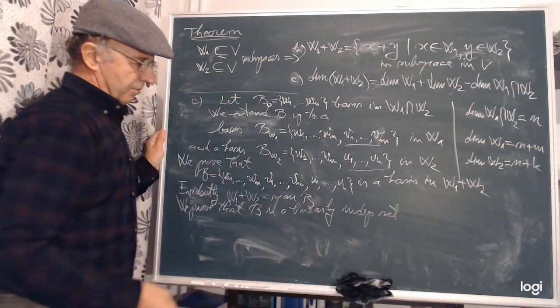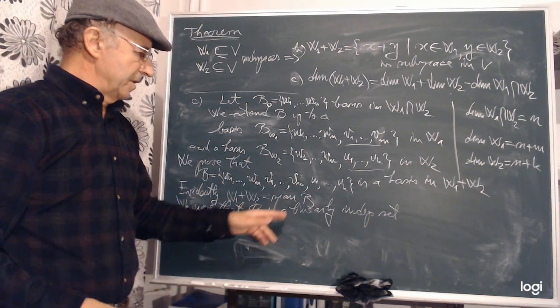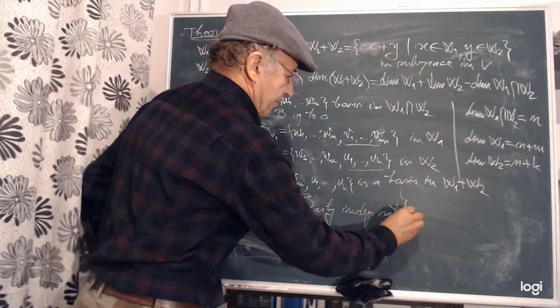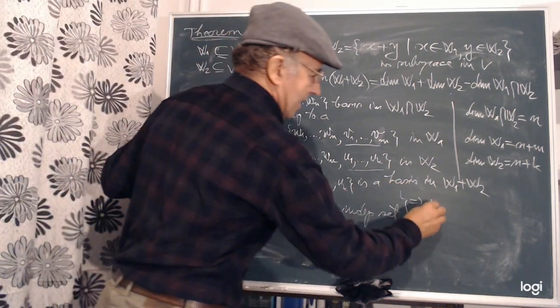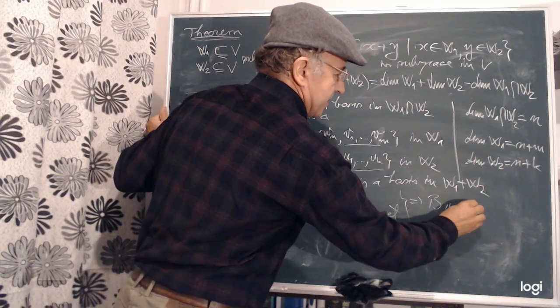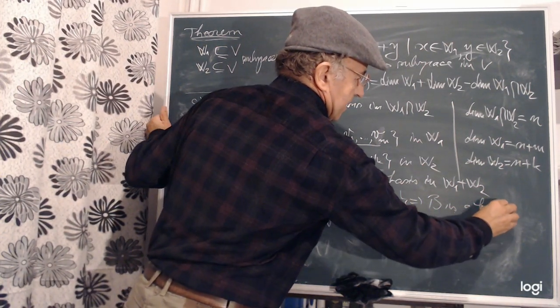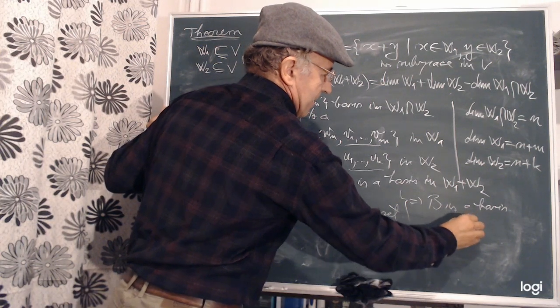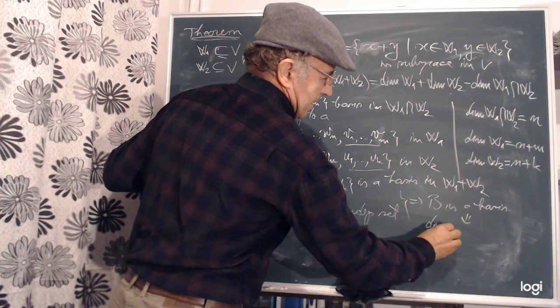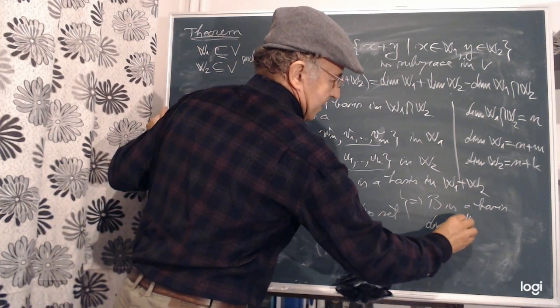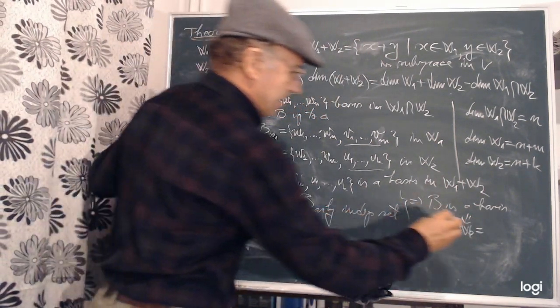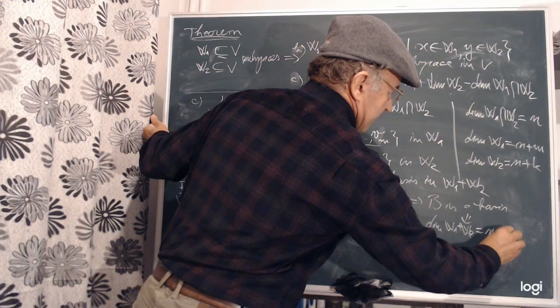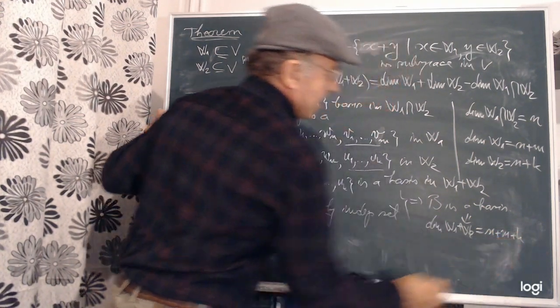If we prove this, we get that B is a basis, and from this we get that the dimension of W1 plus W2 is n plus m plus k.